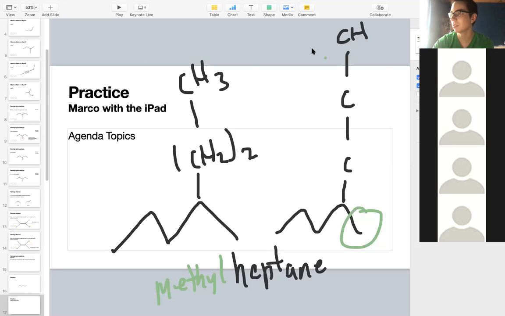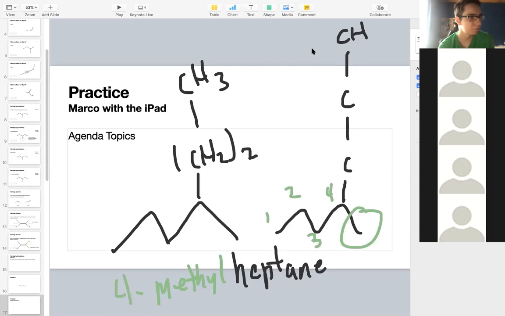We got 1, 2, 3, sorry, my bad, 4. That's okay. And then if we count from the opposite side, turns out it's also 1, 2, 3, 4. So the name of this one is 4-methylheptane. And yeah, that's number 7.